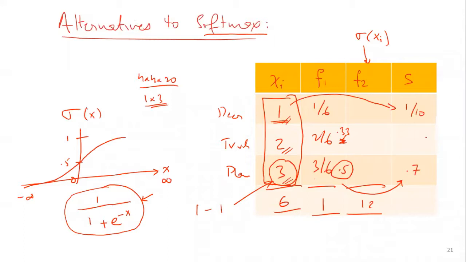The problem with the sigmoid, I'll show you in a few seconds. But what is actually used is something similar to the sigmoid. The equation for sigmoid is e to the power x upon 1 plus e to the power x, I think.